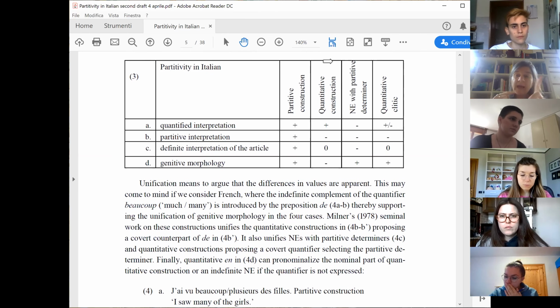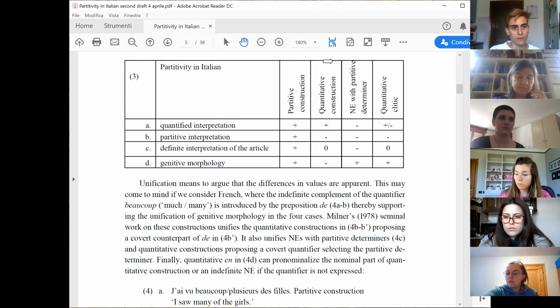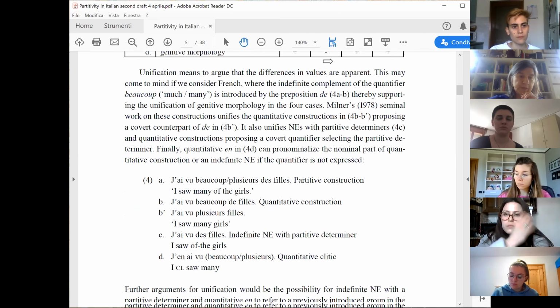Then the plus, minuses, and zeros, actually the zeros probably are the same as in the first version, but the plus and minuses are slightly different because I have introduced some extra examples and some extra thoughts.